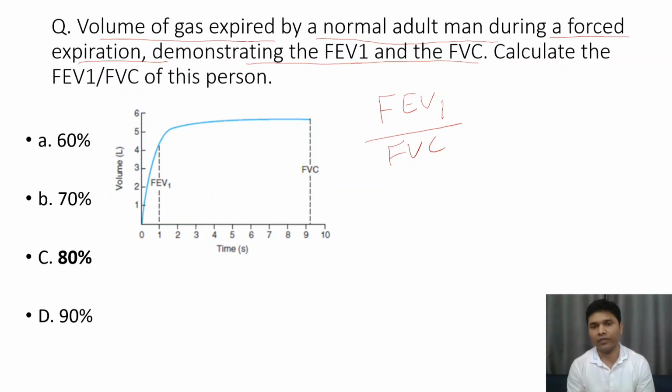So how much air is expired in the first second? Forced vital capacity is after maximum inspiration, how much air you can expire with maximum effort. So first fill your lungs with as much air as you can, and then expire it with full force as much as you can.